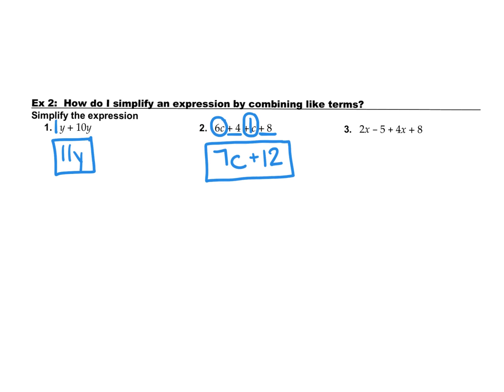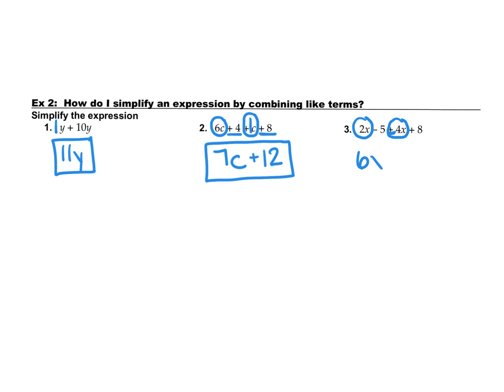All right, number 3, I have 2x minus 5 plus 4x plus 8. So I'm going to circle all my numbers with the x, and remember, I'm going to circle the operation that goes with it. So here I have 2, and don't get confused. That minus sign goes with the 5. It does not go with the 4. That plus right here goes with this 4x.